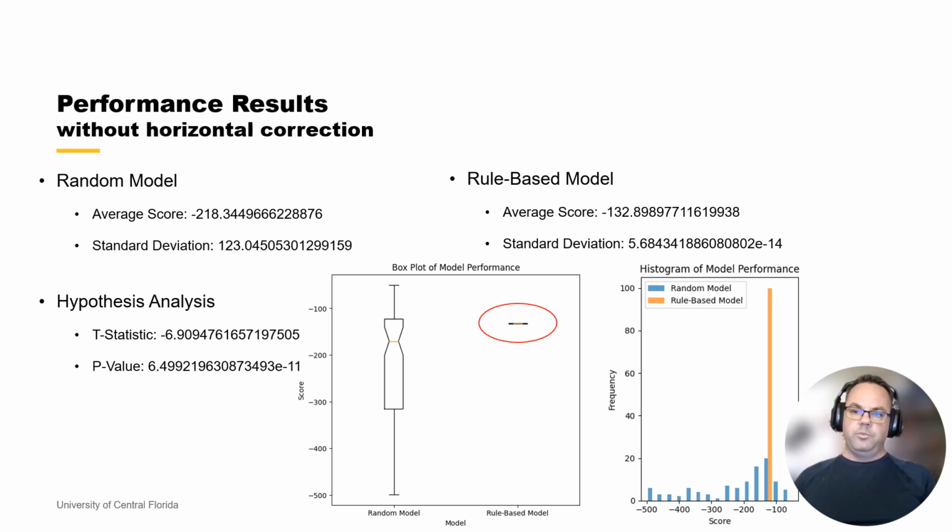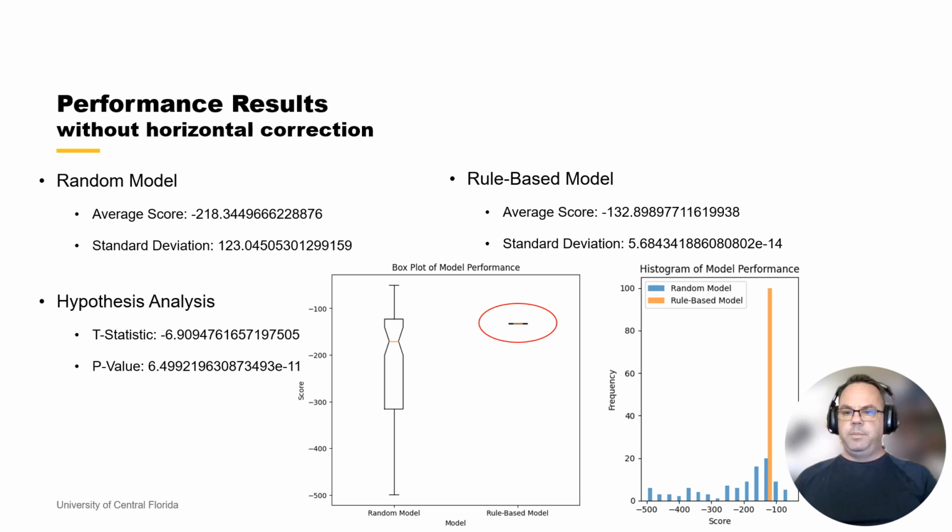The random Monte Carlo model shows a wide spread in its results, indicated by the length of the box and whiskers. This variability reflects the unpredictable nature of the random actions, leading to a broad range of scores. In contrast, the rule-based model demonstrates extremely consistent performance, with all scores tightly clustered around its average. This predictability is a result of the model's structured decision making.